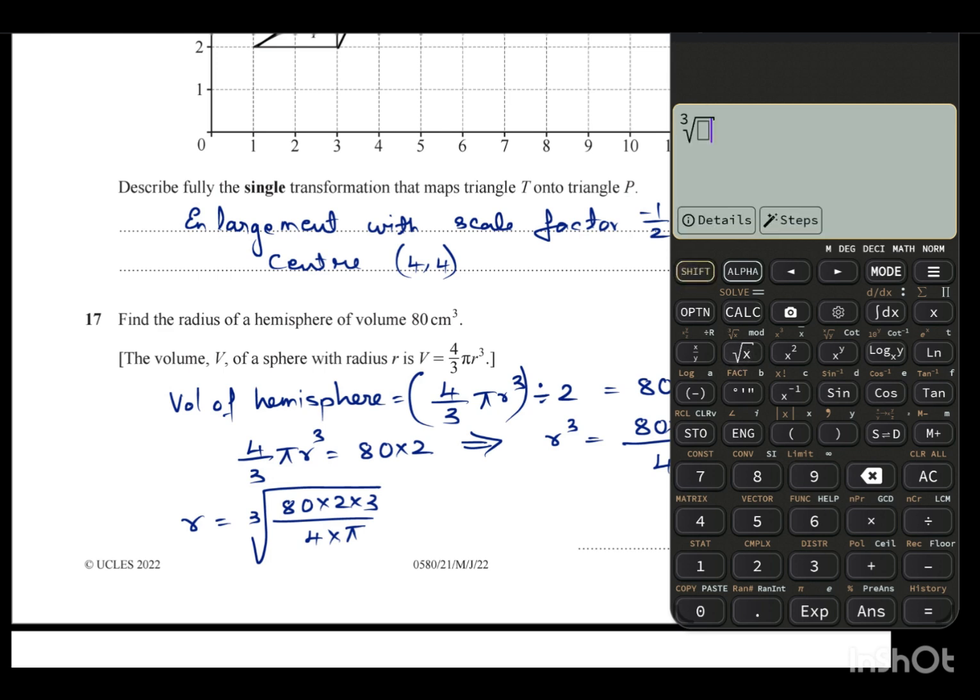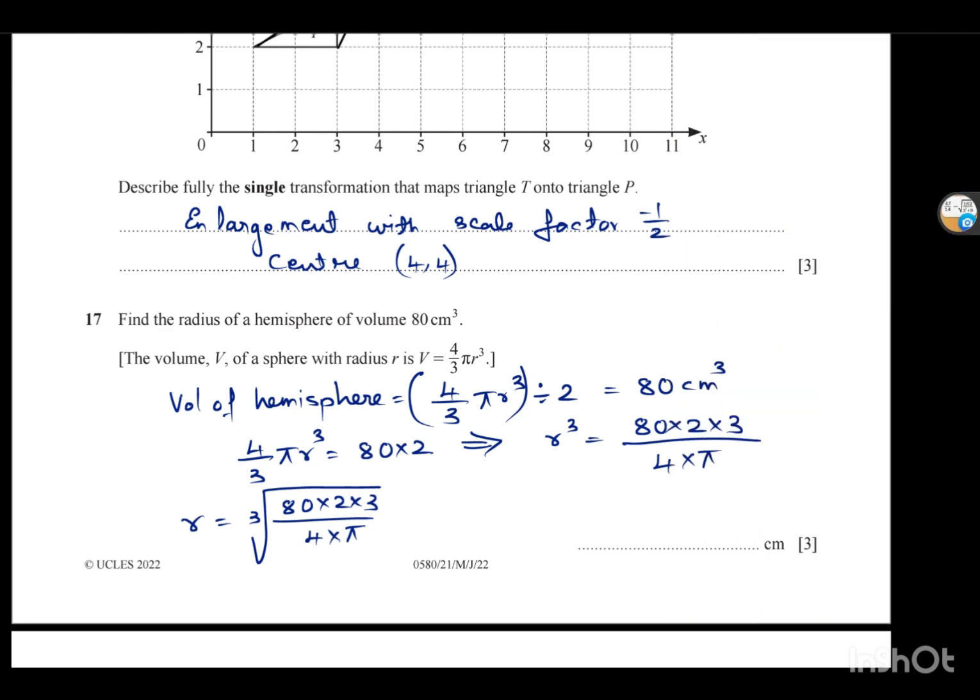Cube root of 80 into 2 into 3 by 4 into pi is 3.367 centimeters. So 3.37 also you can write.